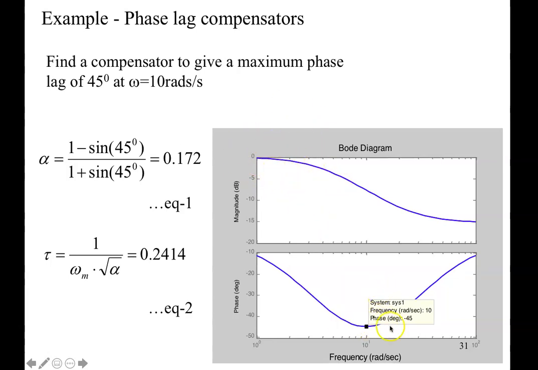And typically, we will try to move the frequency at which you get your maximum negative angle somewhere away from the crossover frequency you design for the closed loop system. So it doesn't affect the crossover frequency much, because we don't want to add a negative phase anywhere near the crossover, which will reduce the phase margin, which is no good.